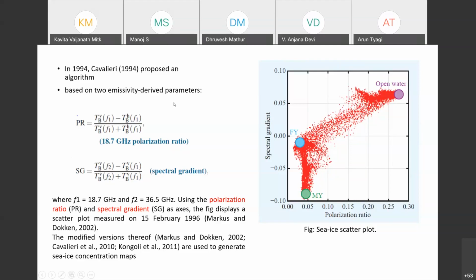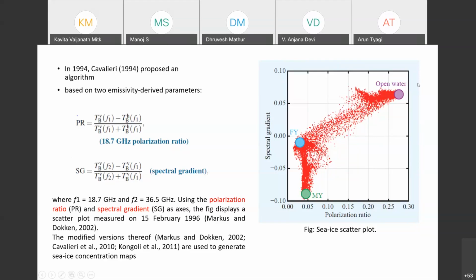And what he did is he derived two parameters, that is polarization ratio and spectral gradient. The frequencies that he used were 18.7 gigahertz and 36.5 gigahertz. So you can see in this scatter plot how the polarization ratio and spectral gradient are effectively differentiating between the first year ice, the multi-year ice, and the open water.